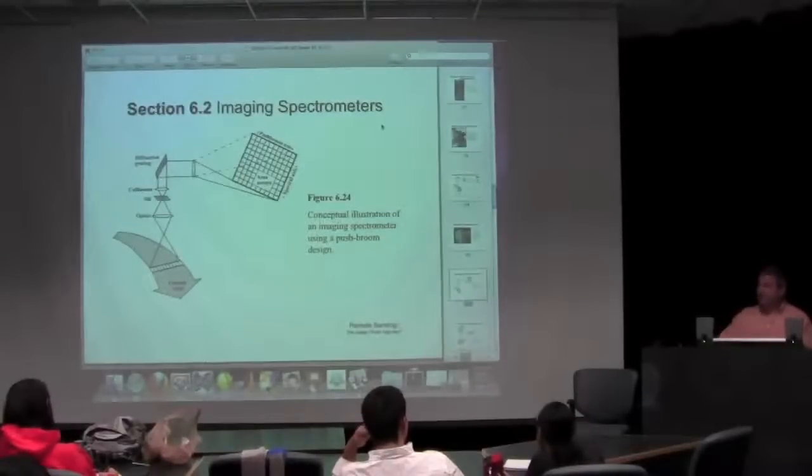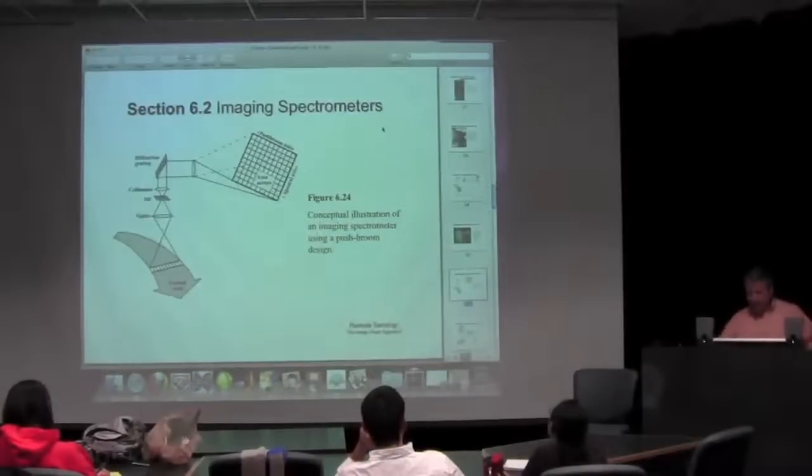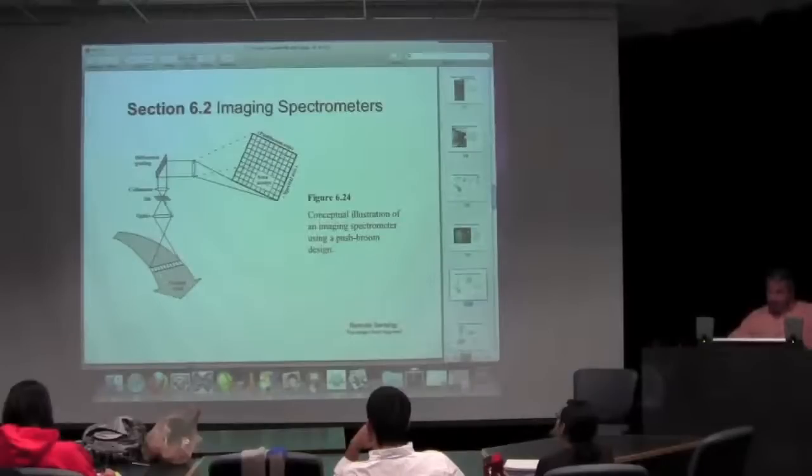For a single pixel detector or a line scanner, we used a linear array. For a push broom, to form a hyperspectral sensor we're going to use a two-dimensional array, a CCD array or a CMOS array. Most likely a CCD array for the materials that we need to use. All right, so the way we're going to do that is we're going to image onto the ground through our optical system a slit.